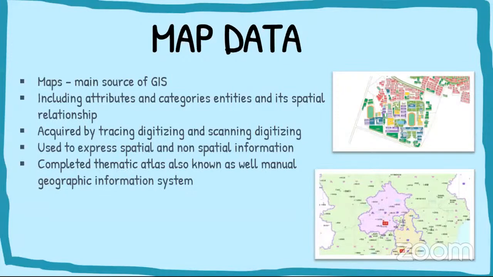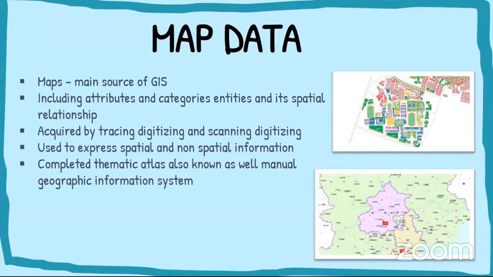Now we are going to go one by one through the GIS data sources, first of which is the map data. As we know, maps are the main source for GIS, including the attributes and categories, entities, and the spatial relationships between the data. We can acquire this map data by tracing digitizing and also scanning digitizing.